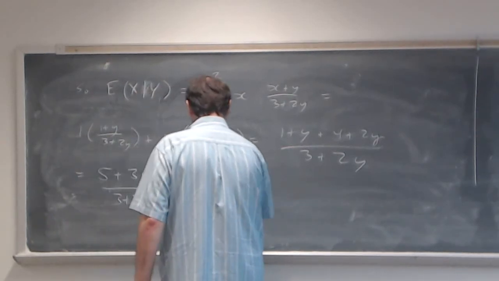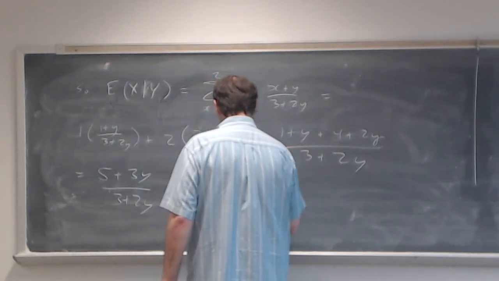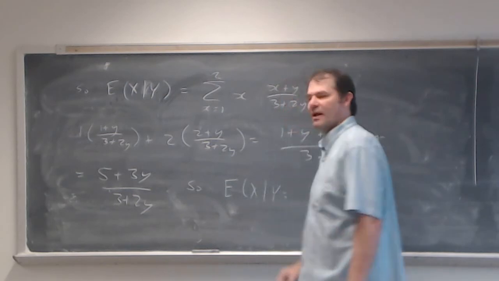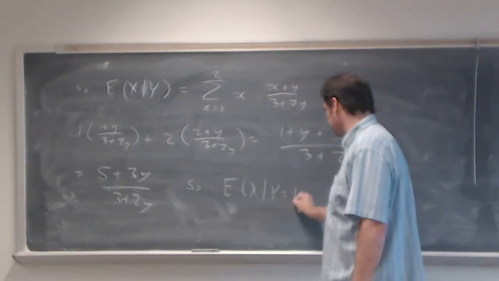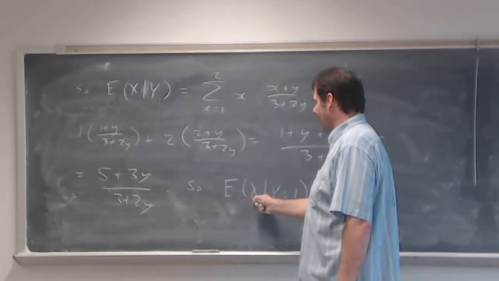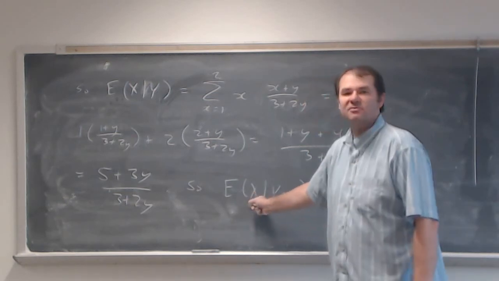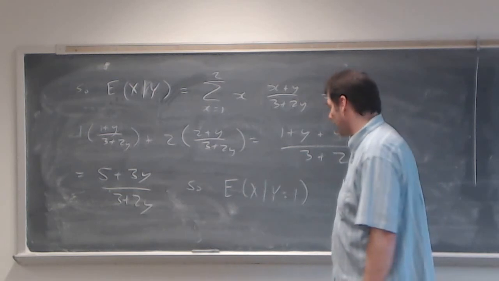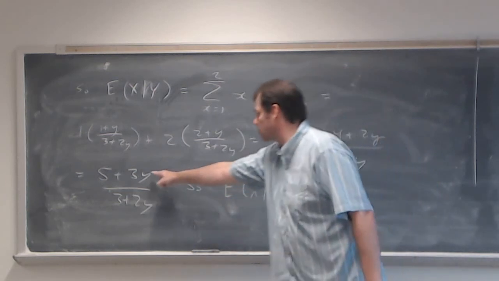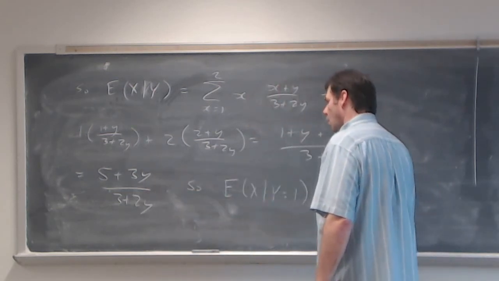Remember what y ran from. They ran in this problem from 1 to 3. So if you said, what's the conditional expected value of X given Y equal 1? That means, what's the average value of X if you know that Y was 1? Our answer is going to be 8 over 5.